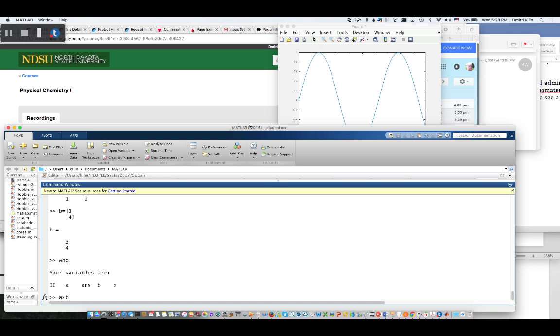So vector 1, 2 times vector 3, 4: 1 times 3 plus 2 times 4. Would you agree? I can make errors, so you don't need to agree immediately. Okay.